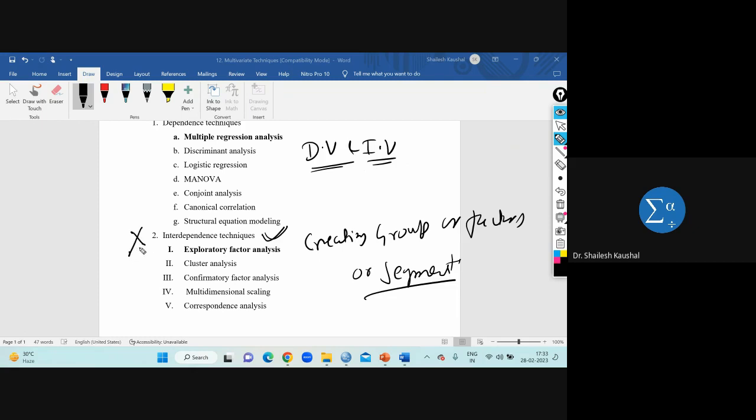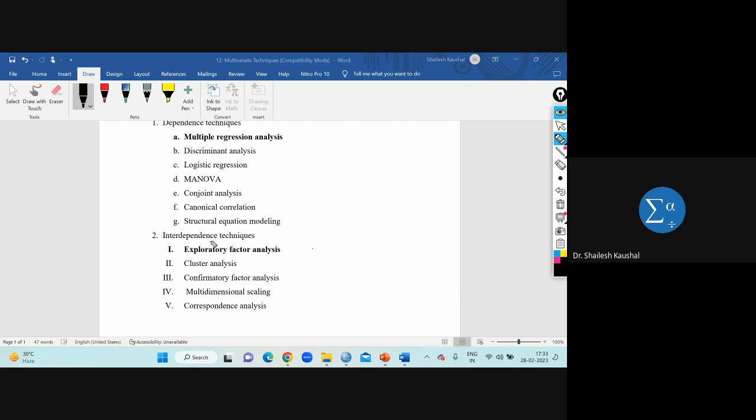Here we do not test hypotheses in the interdependence technique, and we do not find the relationship between independent and dependent variables, like exploratory factor analysis. What is exploratory factor analysis? It is a data reduction technique. The purpose of exploratory factor analysis is data reduction and summarization.